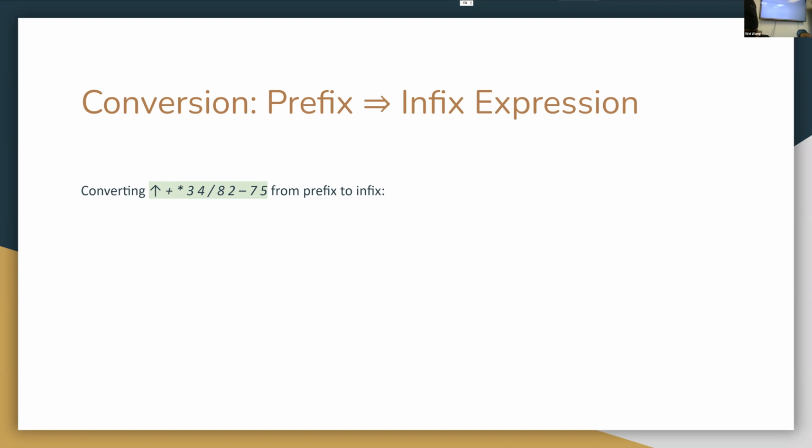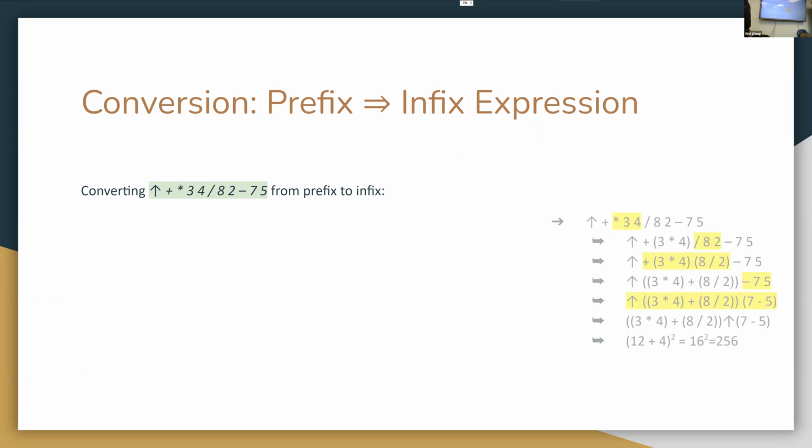So, prefix to infix expression, for example, this one. When you take a look at that, you can see that there are parts of it that meet the prefix requirement. What is a prefix?